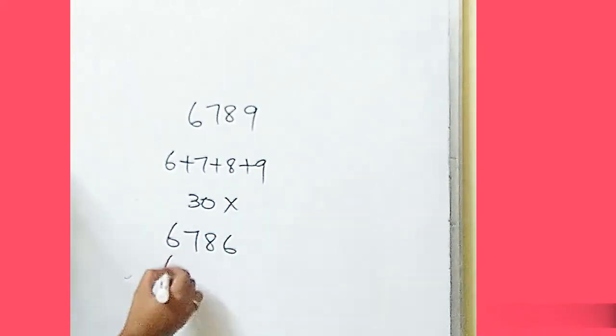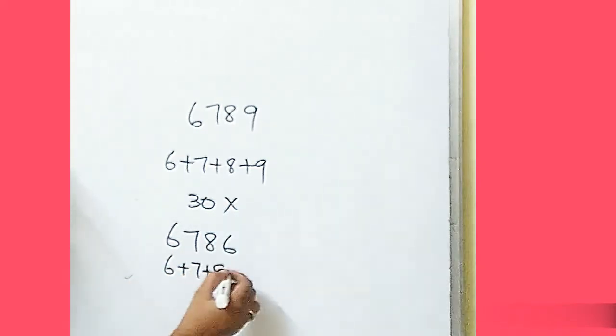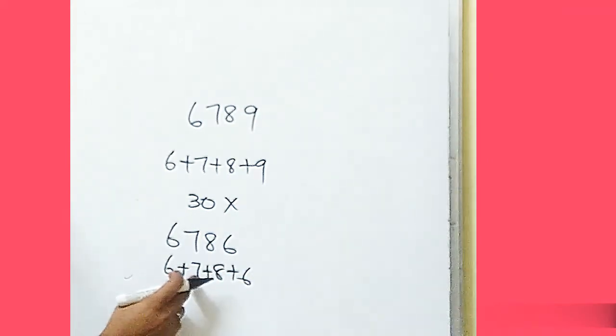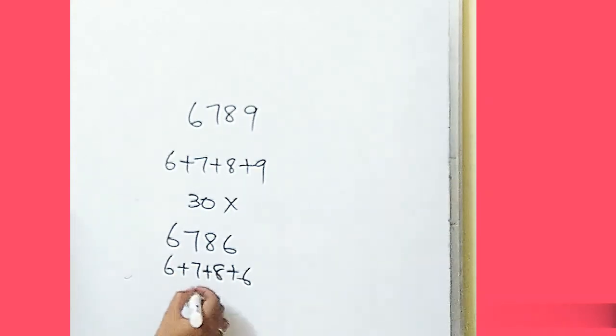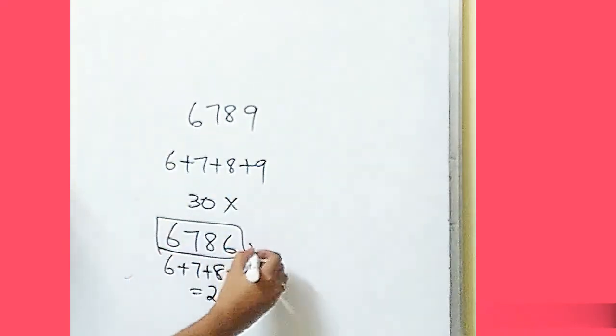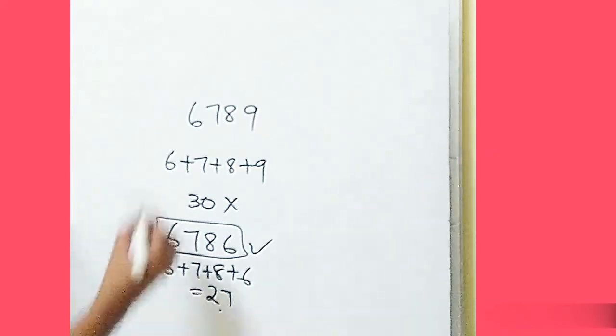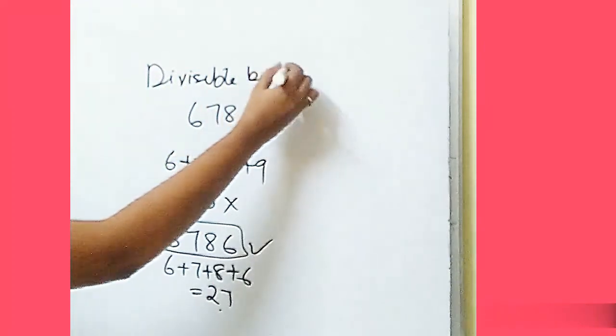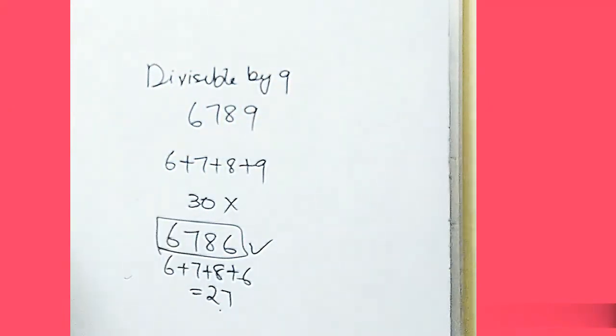Now 6 plus 8 is 14. 14 plus 7 will be 21. 21 plus 6 will be 27. So, does 27 come in 9 table? Yes, student. 27 comes in 9 table. So we conclude that this particular number will be divisible by 9. Whereas the earlier one, which is 30, will not come in 9 table.